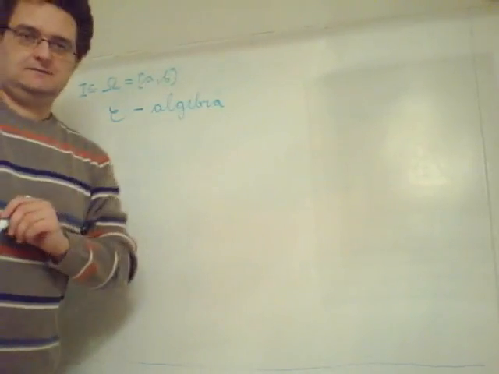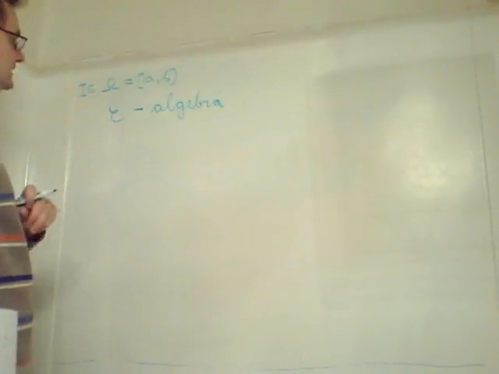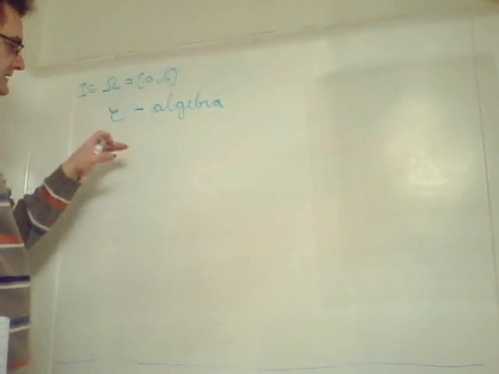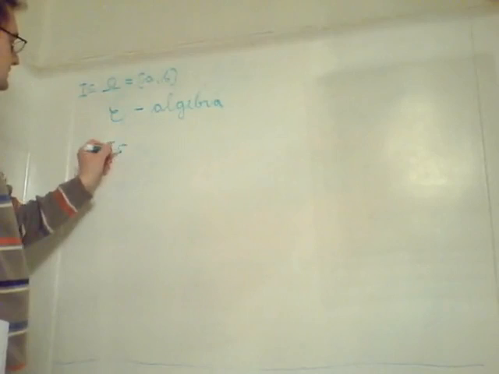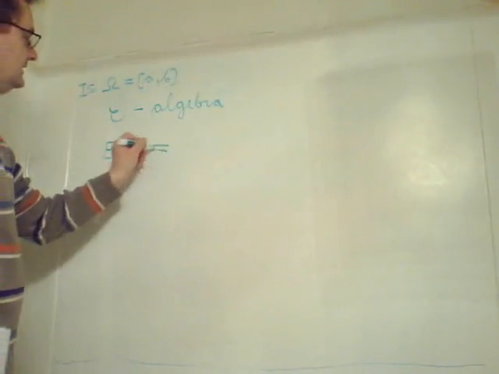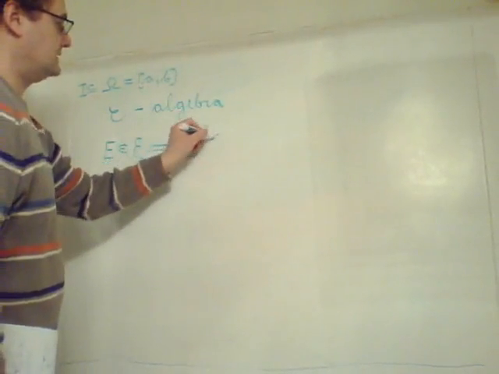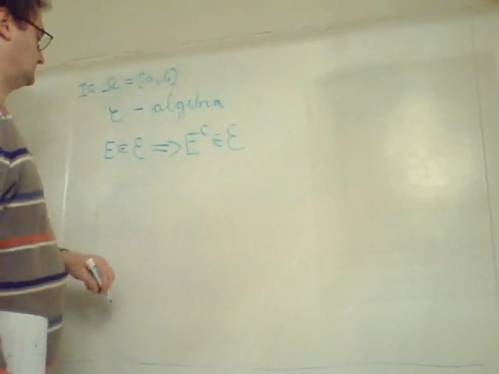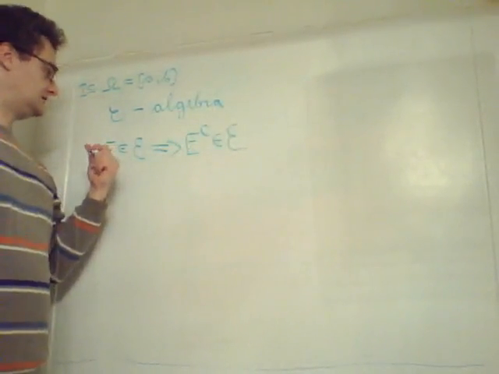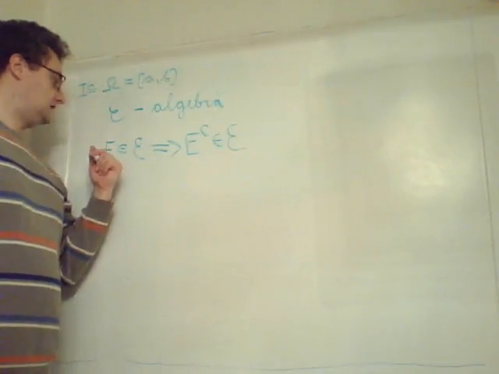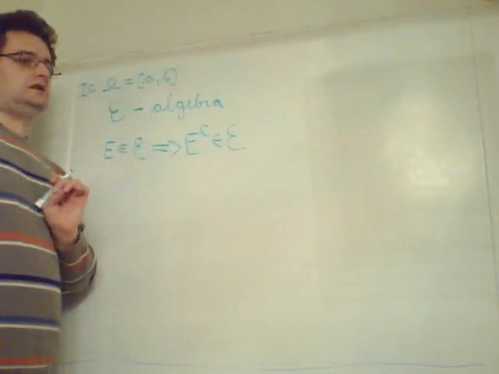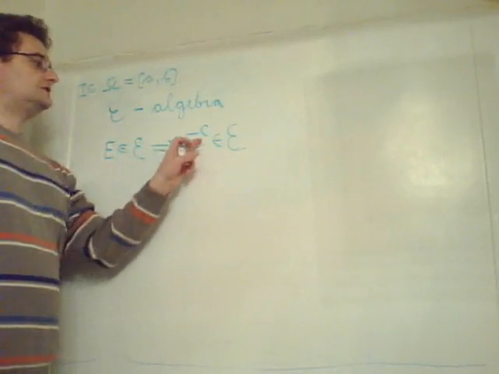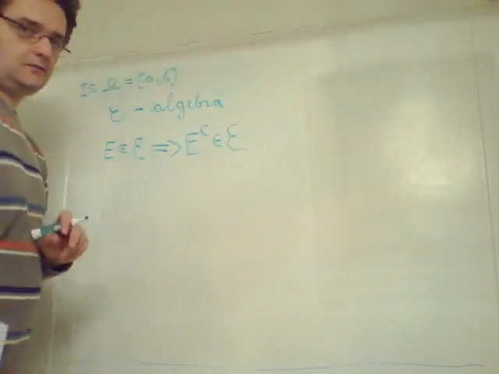Omega is in E, or actually we can even drop that because it is contained in the other two requirements. So if E is an elementary set, so is its complement. In other words, if E is a finite union of intervals, so is its complement.